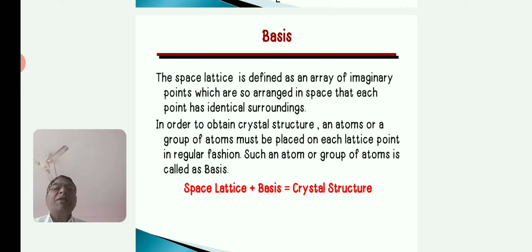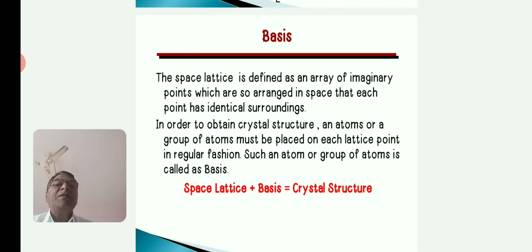Let us repeat. We can also define the basis. The space lattice is defined as an array of imaginary points which are so arranged in space that each point has identical surroundings. In order to obtain the crystal structure, an atom or group of atoms must be placed on each lattice point in a regular fashion.